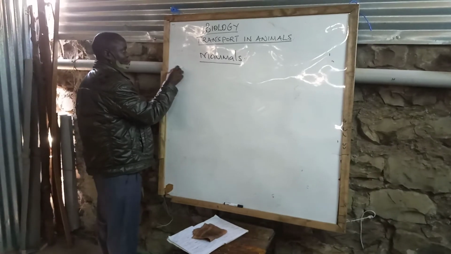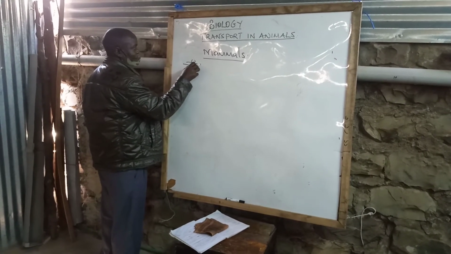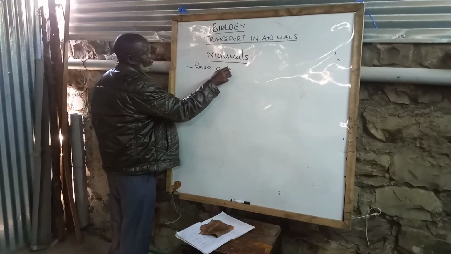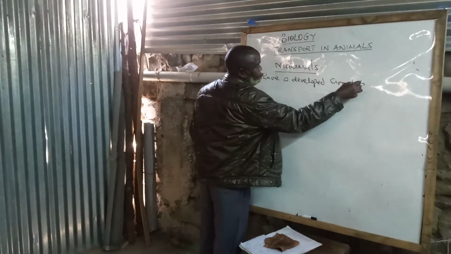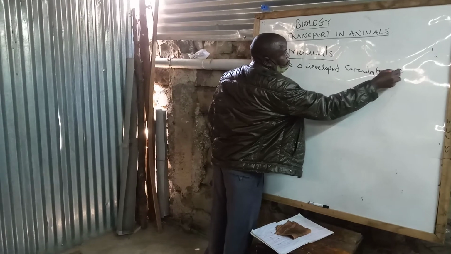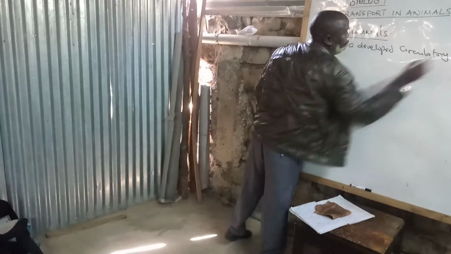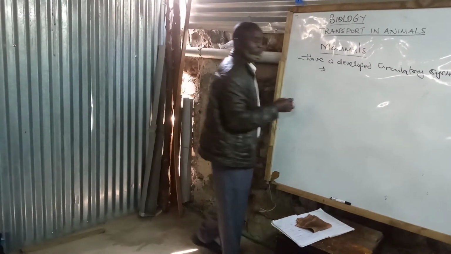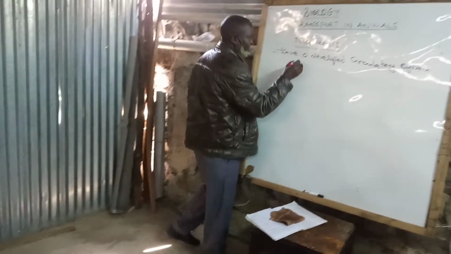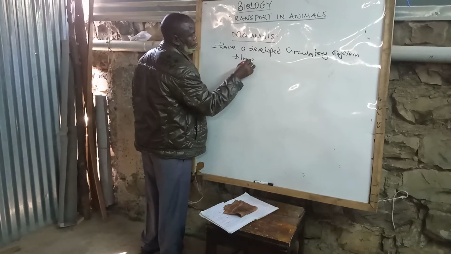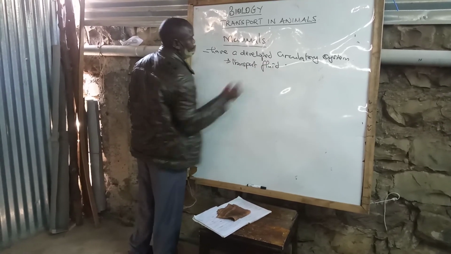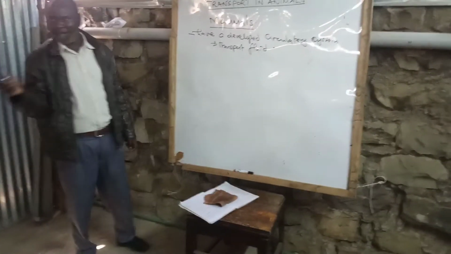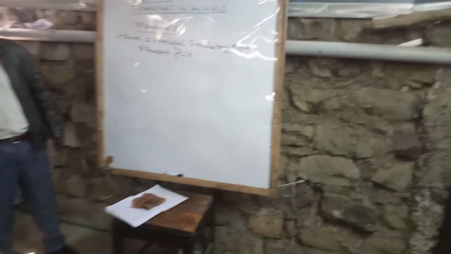We have said they have developed a circulatory system which consists of, number one, the transport fluid. The transport fluid in mammals is the blood, correct.